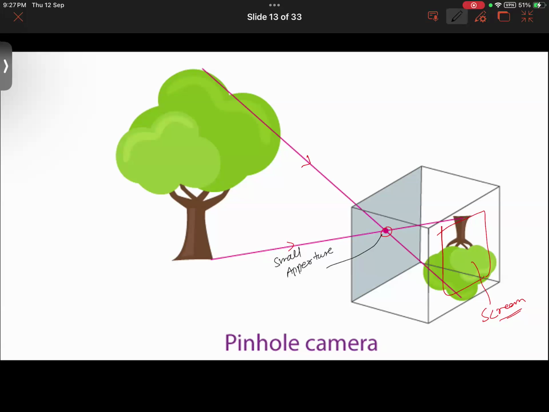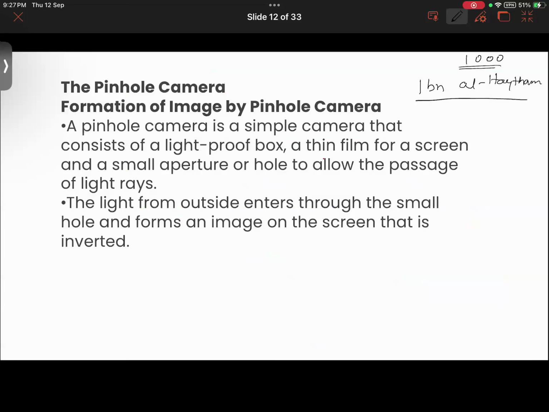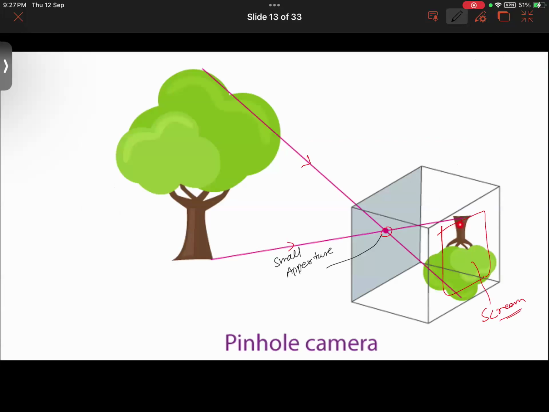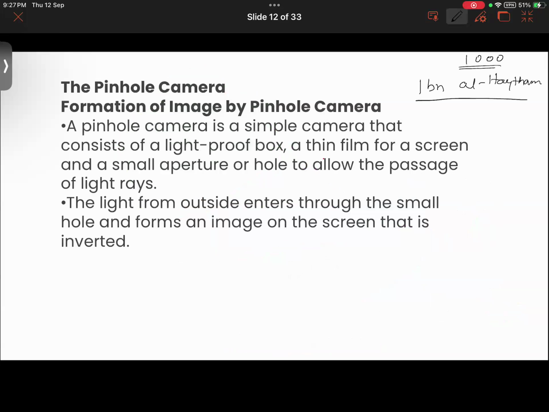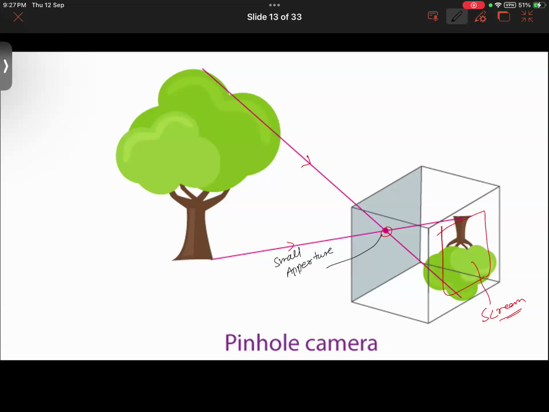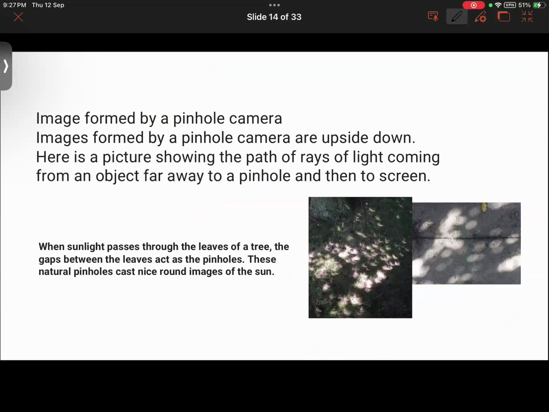It is a light-proof box so that no other source of light can enter it. And there's a film screen fitted here. You can use a tissue paper or a trace paper there to obtain the image. Furthermore, the images that are formed here will be upside down. They will be inverted.